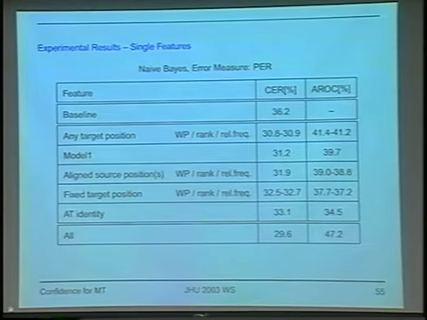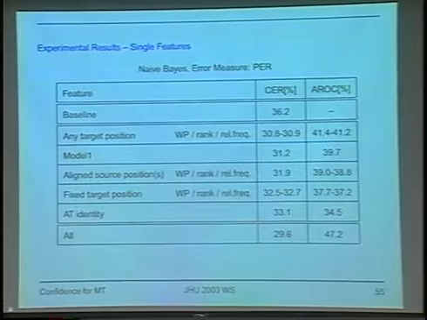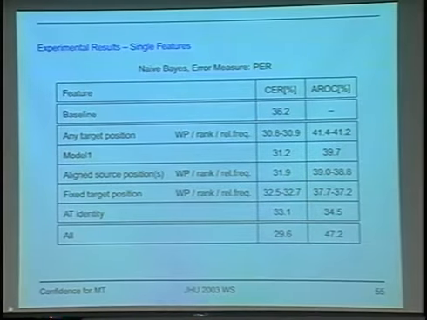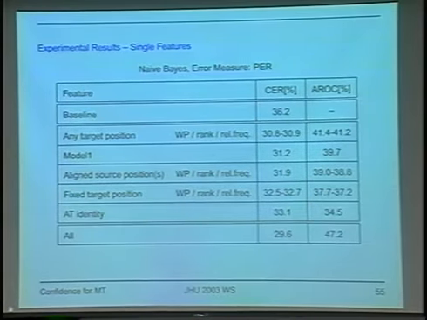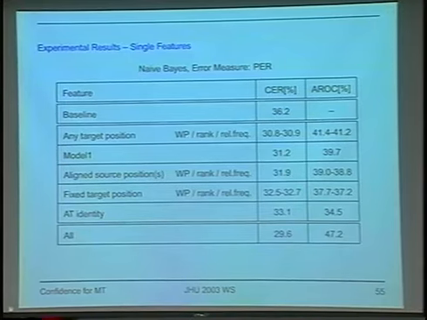And the features I picked here are the ones that did best in those experiments. So we see that those three different variants with the word posterior probability, the rank sum, and the relative frequency that take any target position into account actually perform best. We get an error rate of 30.8 to 30.9% for those three different variants. And here the AROC is 41 point something.